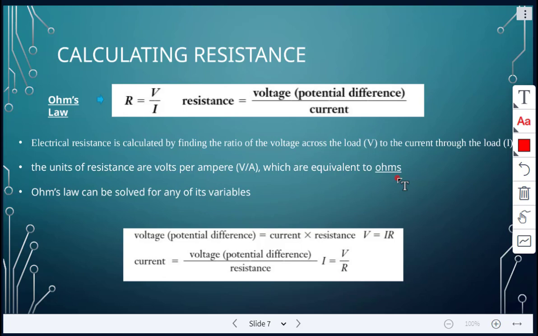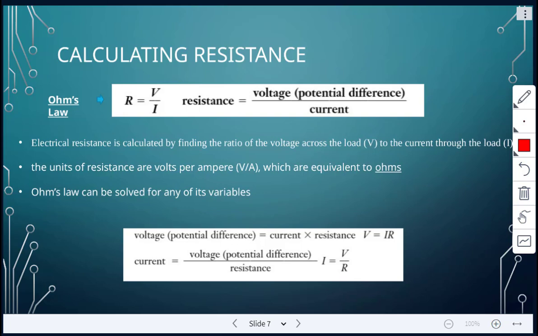So if we were looking to calculate voltage, we would rearrange that formula and it would become voltage is equal to IR, so I times R, which is current times resistance. And if we were solving for current, which is our I, it would become voltage divided by R. All right, so those are the three formulas there.